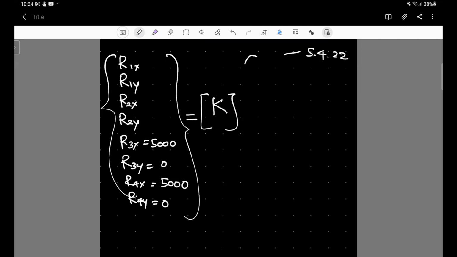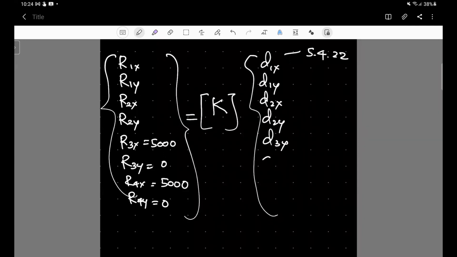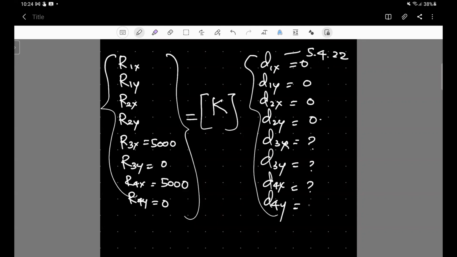The D matrix again, D1X, D1Y, D2X, D2Y, D3X, D3Y. First node is fixed, second node is fixed. This you don't know, and you would like to find out by solving the total stiffness matrix.